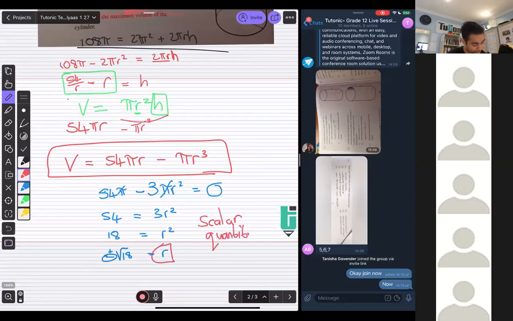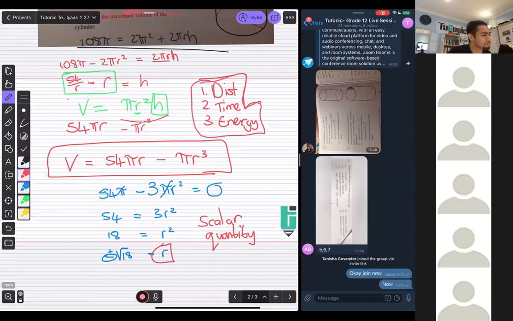So like distance, time, energy. It can't be a negative distance, right? Like these can't be negative. So you always talk about them being positive. Gravity, no, gravity is not. But you get the idea, right? So distance, which is a radius, is always going to be positive. Does that make sense?